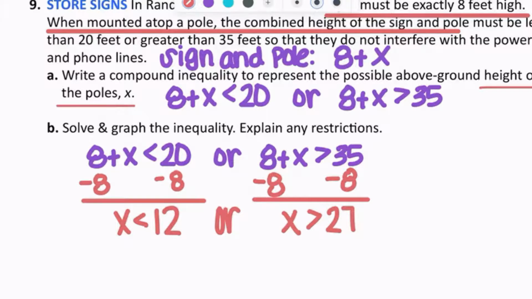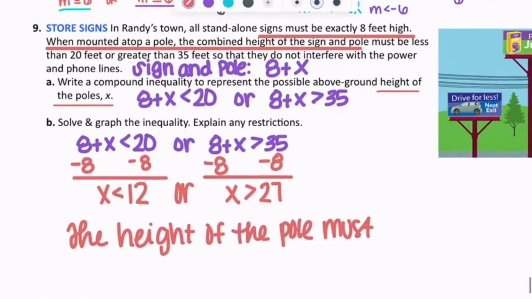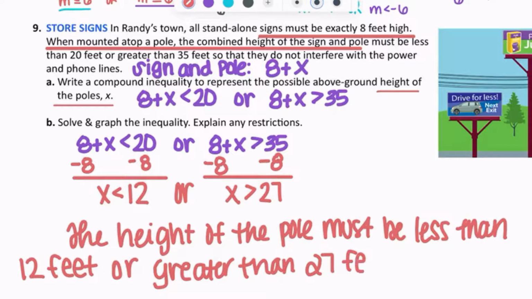So if we're explaining what we have, we could say, the height of the pole must be less than 12 feet or greater than 27 feet.